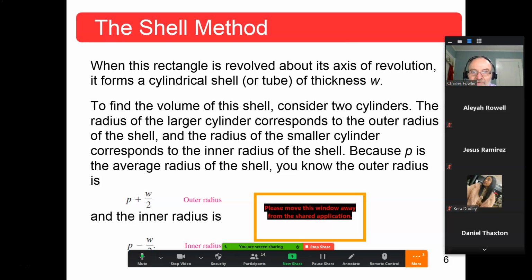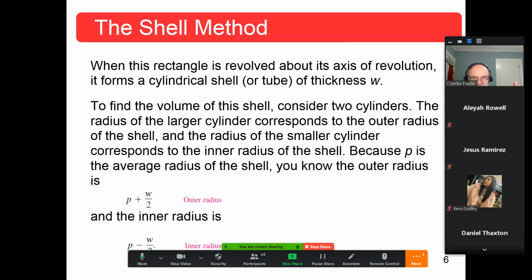When this rectangle is revolved around the axis of revolution, it forms a cylindrical shell or a tube of thickness W. We talked about that. To find the volume of that shell, consider two cylinders. The radius of the larger cylinder corresponds to the outer radius of the shell. The radius of the smaller cylinder corresponds to the inner radius.